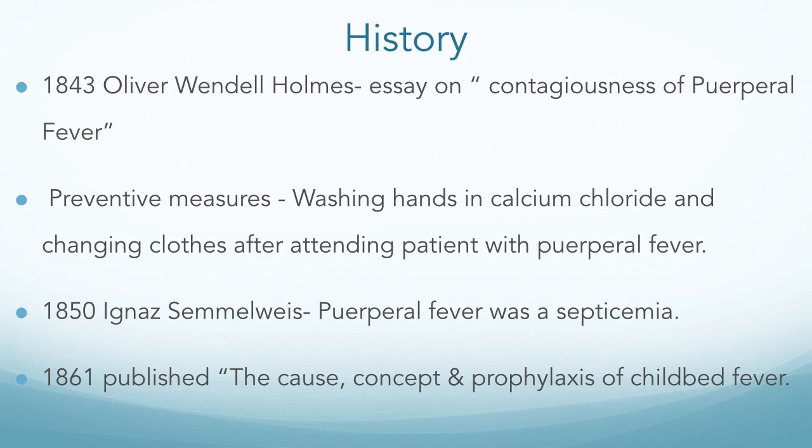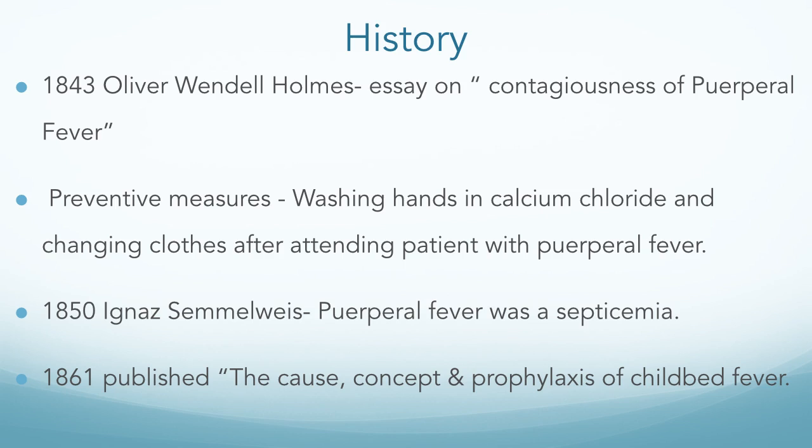Later in 1843, Oliver Wendell Holmes, poet and physician in the US, wrote a story on the contagiousness of puerperal fever, in which he pointed out that a woman who had just been delivered should not be attended by a physician who was conducting autopsies or attending patients with puerperal fever, and that puerperal fever could thus be conveyed from patient to patient.